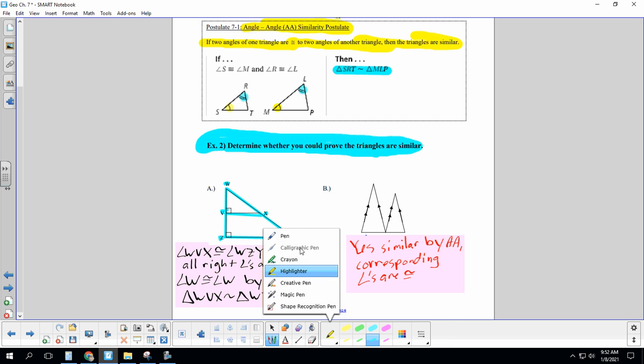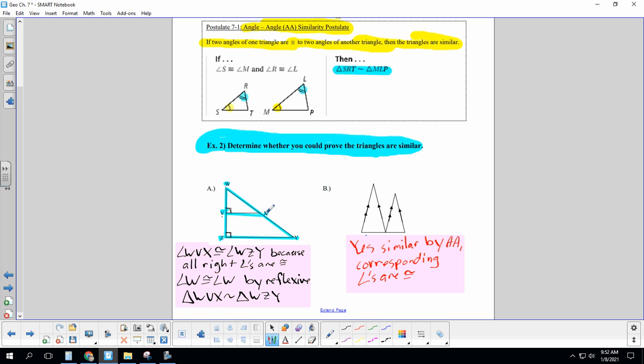We know that V and Z are 90-degree angles. And we can say that W, V, X and W, Z, Y, the little guy on the top and the big triangle WZY, are congruent. Well, they're actually not congruent, so they're similar.